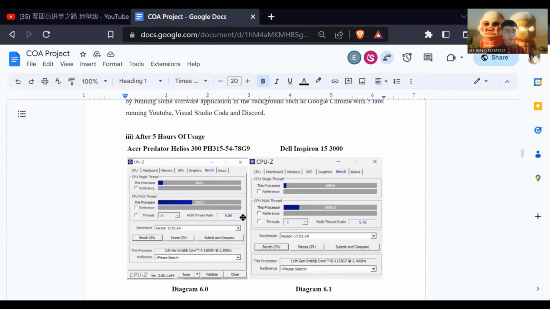After 5 hours, the Acer Predator's multi-thread ratio decreased to 6.8, and the Dell Inspiron 3000 decreased to 5.42.